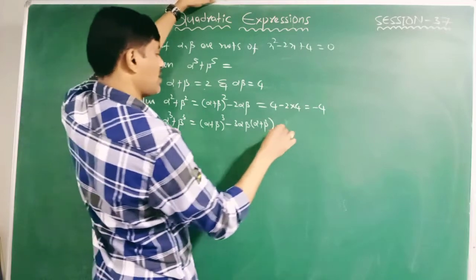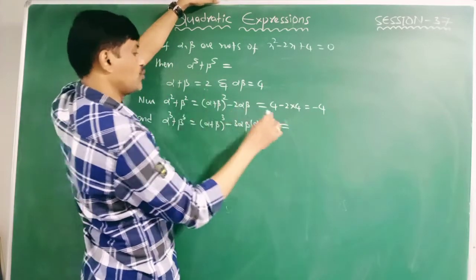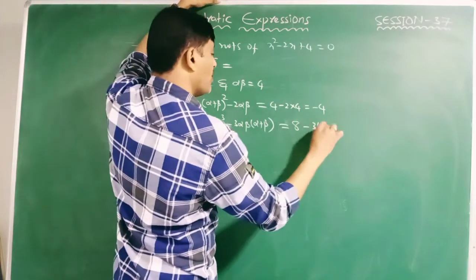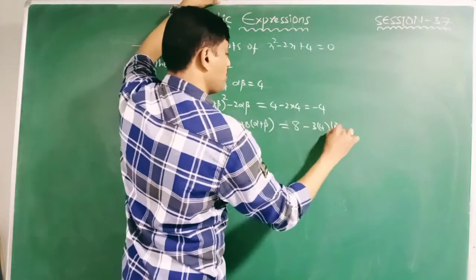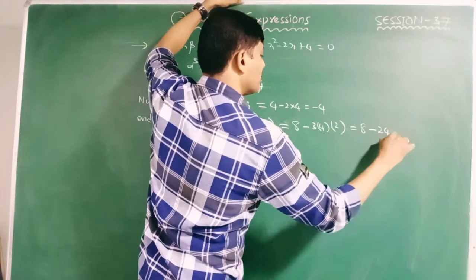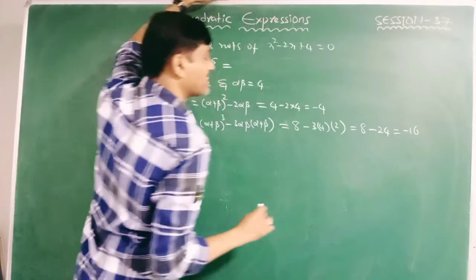Alpha plus beta is 2, 2 cube is 8, minus 3 times 4 times 2, so this is 8 minus 24, which is minus 16.